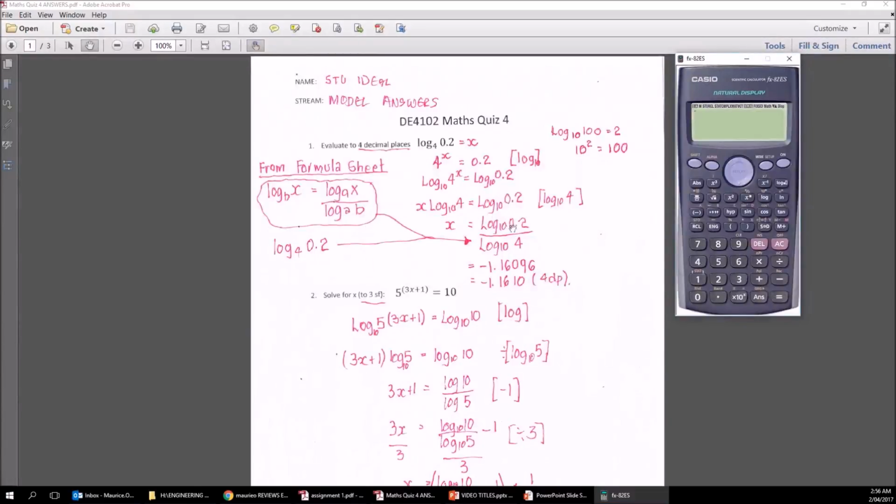Looking at what we've got here, using log to the base 4 of 0.2, b is 4, and the base that we're going to use is the known base of 10. So we're going to have log to the base 10 of 0.2 over log to the base 10 of 4, which is exactly what I got using this method here, incidentally. So, yes, there's quite a little detail in that.